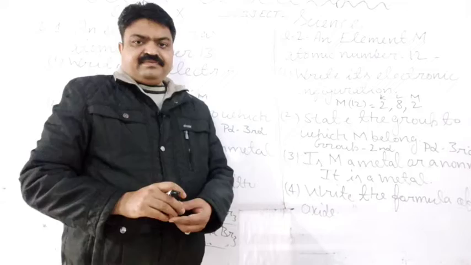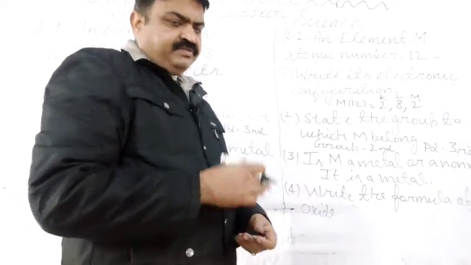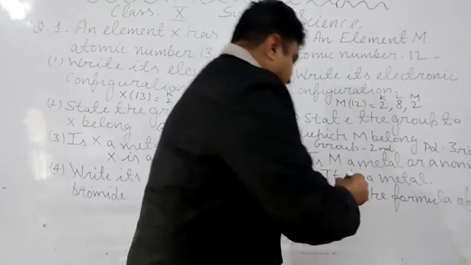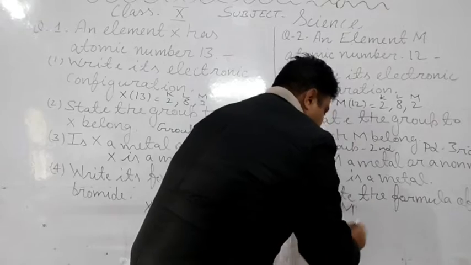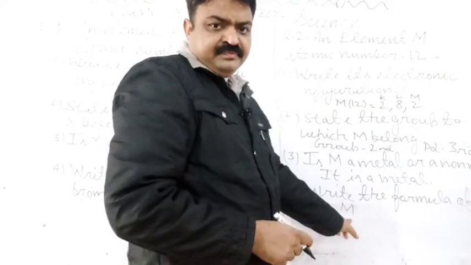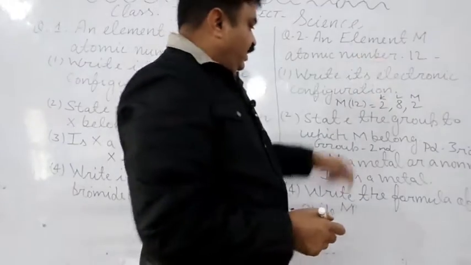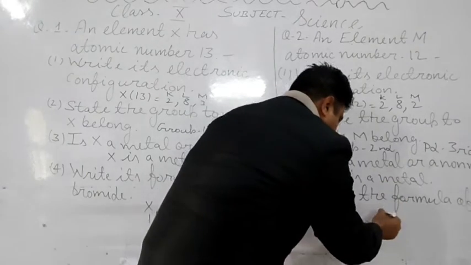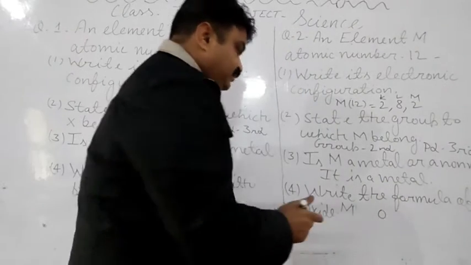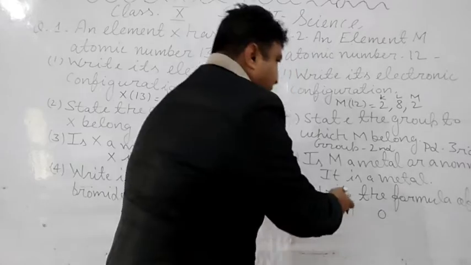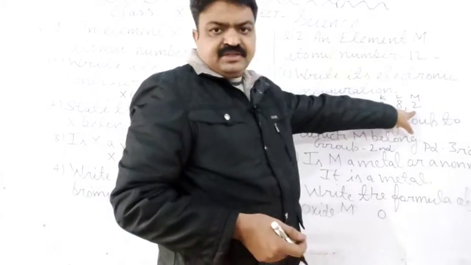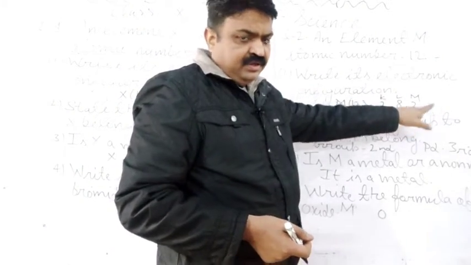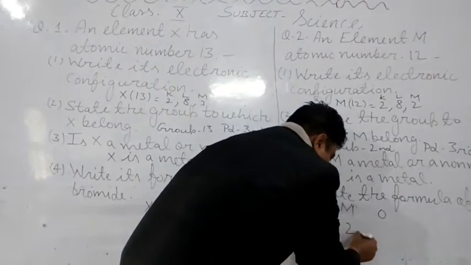Write the formula with oxide. Now again we will use the same trick. We will write the symbol M, and another is oxide. Oxide symbol is O. We will write the valency. What is the valency of this? How many electrons are there in the valence shell? There are 2, so its valency is 2.